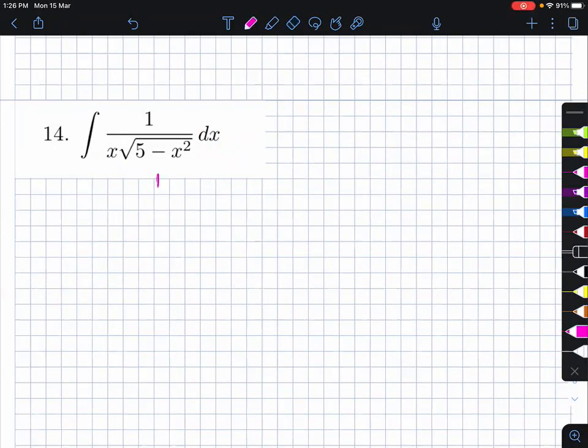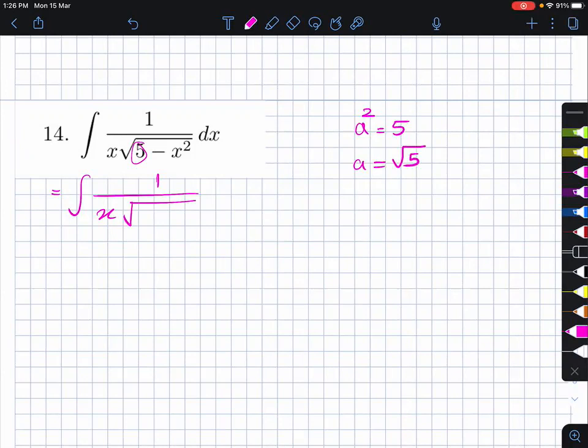So we have 1 over, then this is all the integral of, we have x, right? This one should be a squared. So a squared is 5 and a is radical 5, the square root of 5.